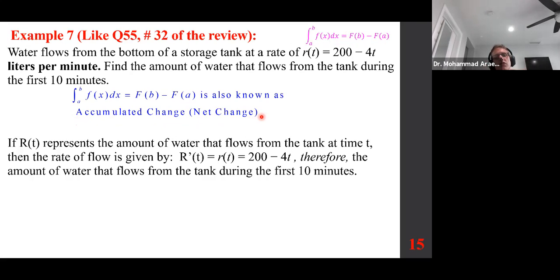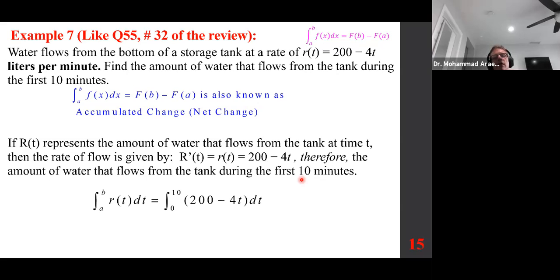So the amount of change can be calculated using the rate and integrating it from A to B. In this case, we want the first 10 minutes, so from 0 to 10. That's what we want. From 0 to 10. This is known as the net change or accumulated change theorem.